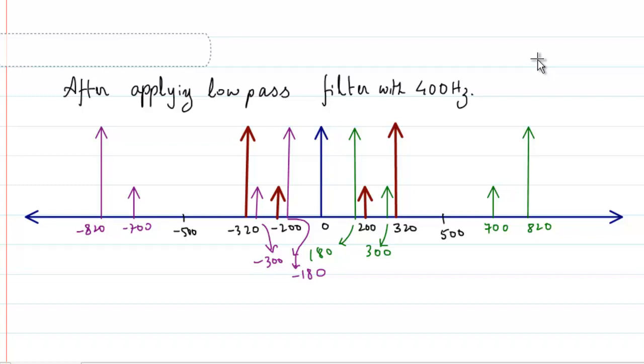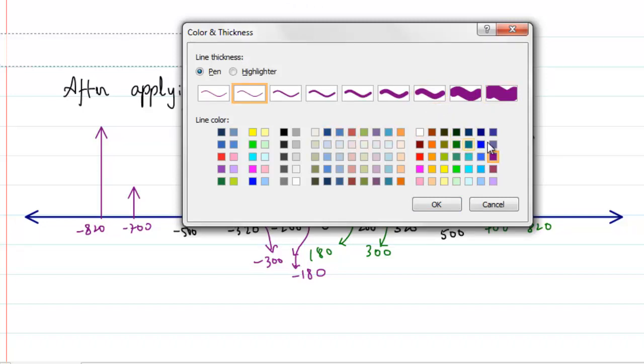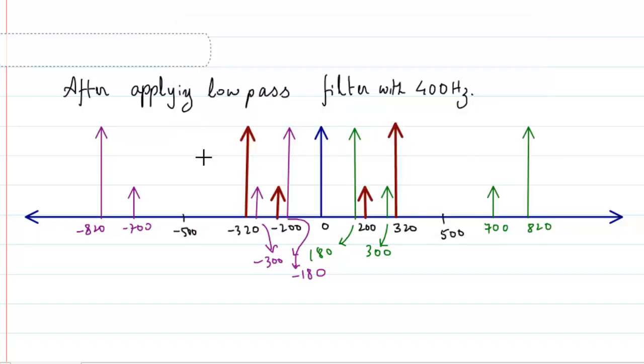Beyond 400 Hertz, I am not interested in whatever is the value. So where is 400 Hertz going to be? So let me draw that. The 400 Hertz will basically come, let me use a different color. Okay, this one. So the 400 Hertz will basically go from here to here. Correct?